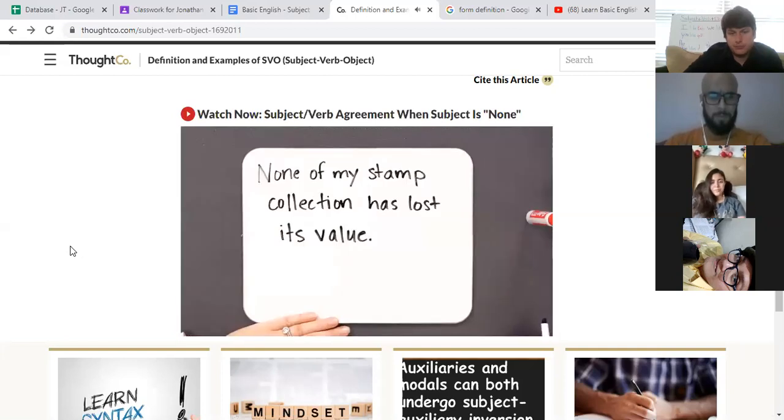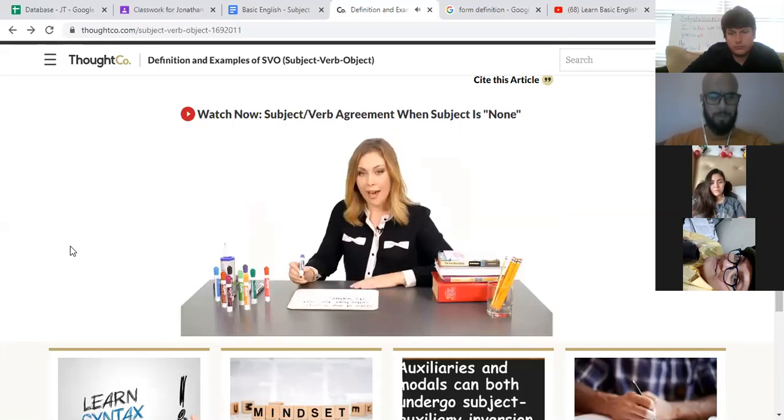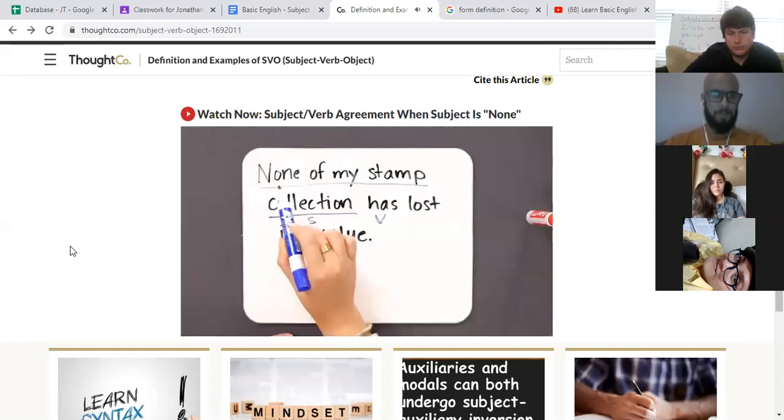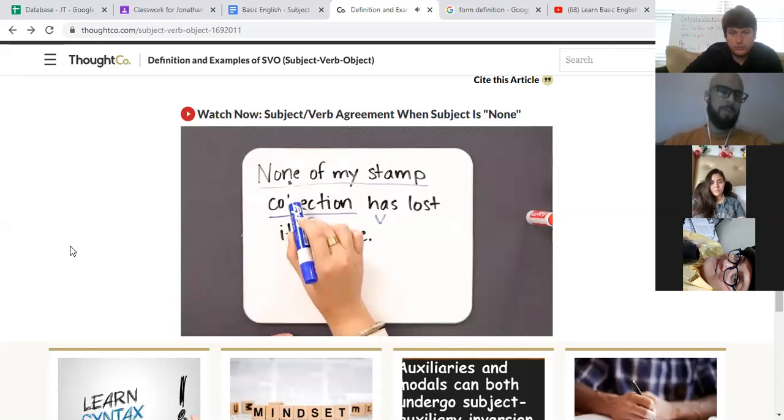In this case, the verb in our sentence is has. And the subject in our sentence is none of my stamp collection. Now we're trying to figure out if the subject is singular or plural. Well, in this case, when you see the word none and you know it swings both ways, you look at what comes next.